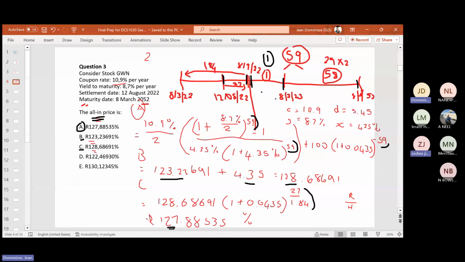We look at the full 58 over 29 years from 8 March 2023 to 8 March 2052. But then there is that one period from 8 September to 8 March that we also need to take into account. So that's why we have a 59. It is the 58 plus that one period.